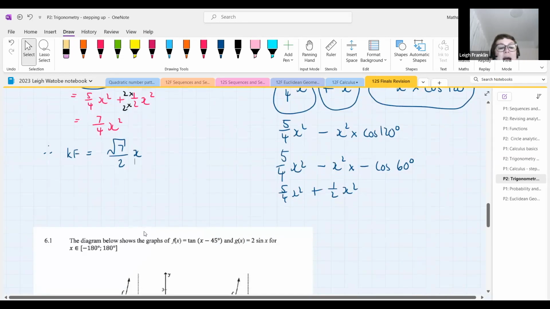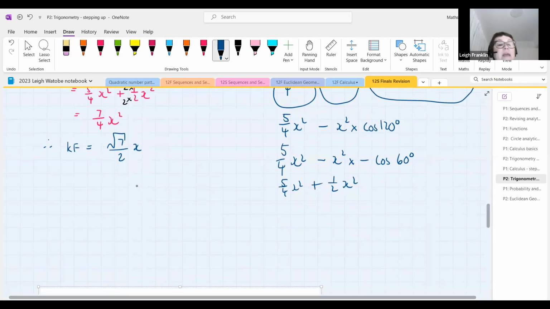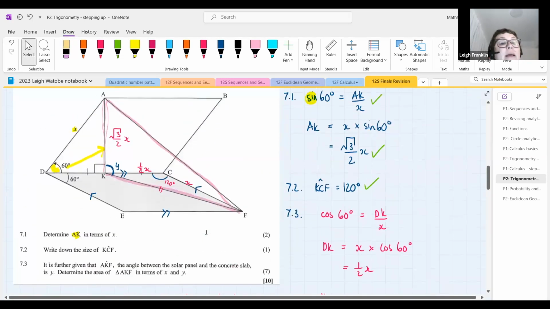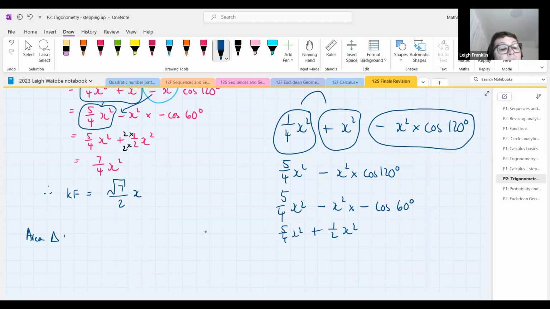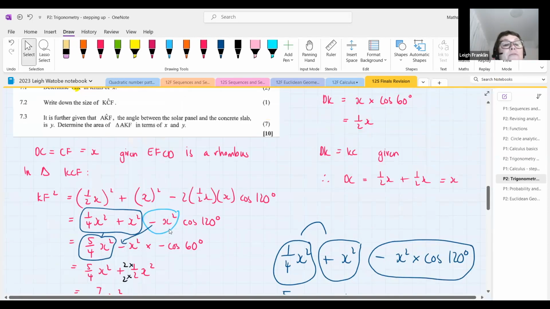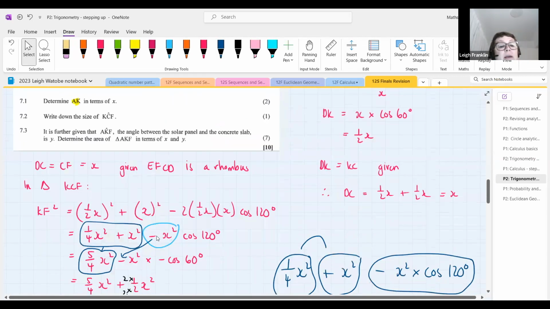All right, and now let's just move that out the way. Now we can do the area of triangle AKF. So the area of triangle AKF is going to be equal to a side angle side. So it's half, AK is root 3 over 2x.